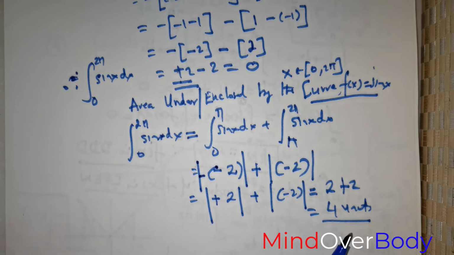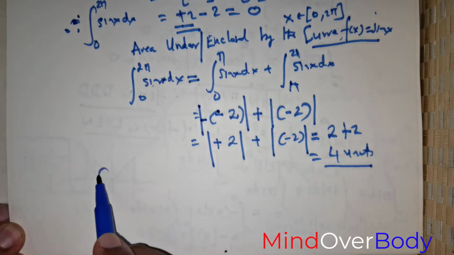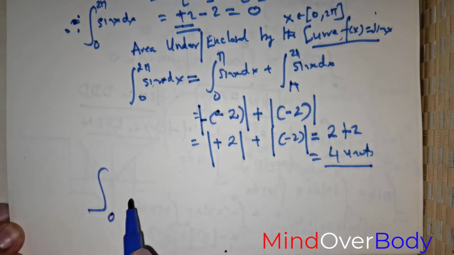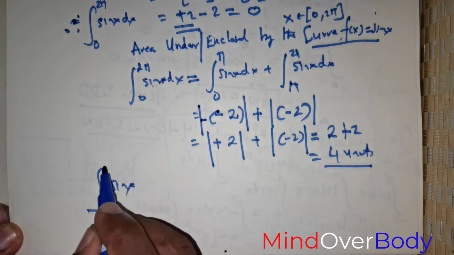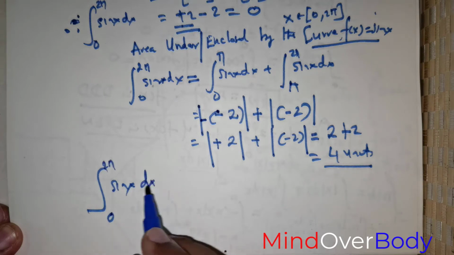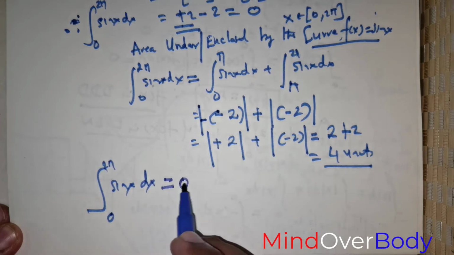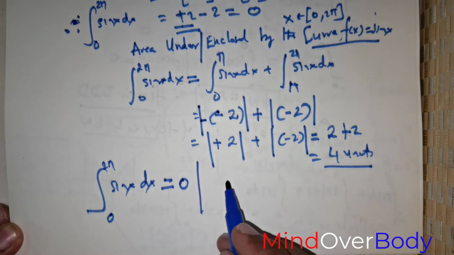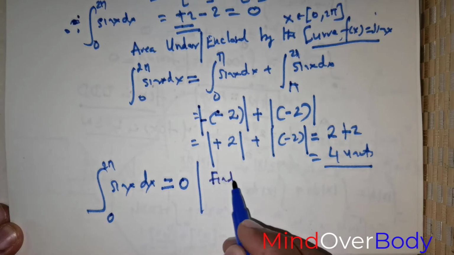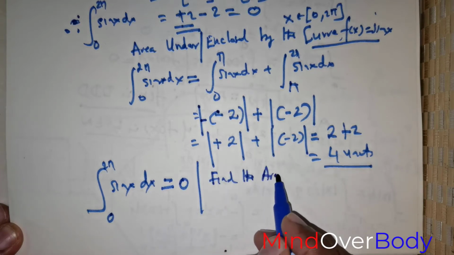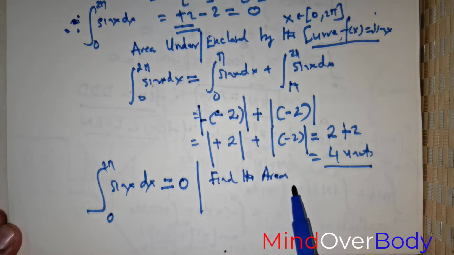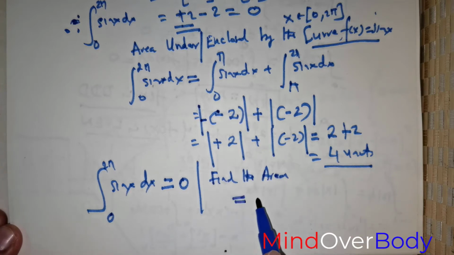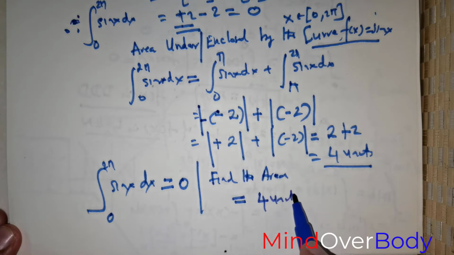So the final take home point is, if they ask you to obtain the integral of sin x between the region 0 to 2 pi, then the solution is going to be equal to 0. On the other hand, if they ask you to find the area enclosed by the function f of x is equal to sin x, then the solution would be 4 units.